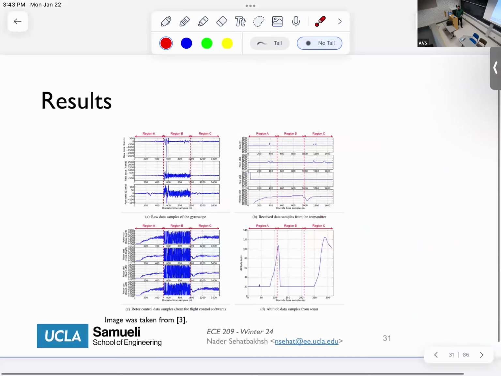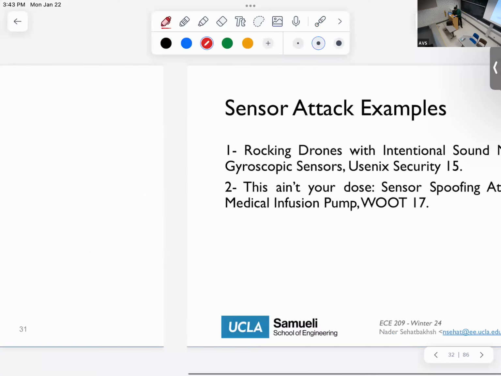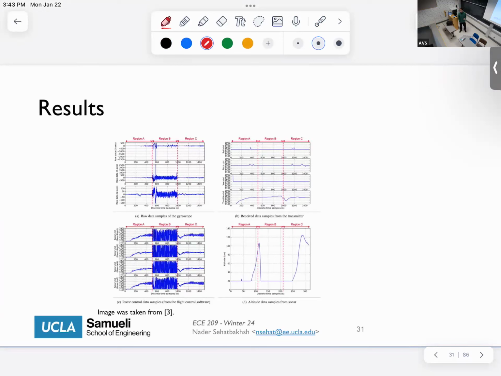The takeaway from this drone attack is that if the attacker knows the physical functionality of the device, they can manipulate this in order to cause a malfunction. In this particular case, it was a gyroscope that was vulnerable to resonance.